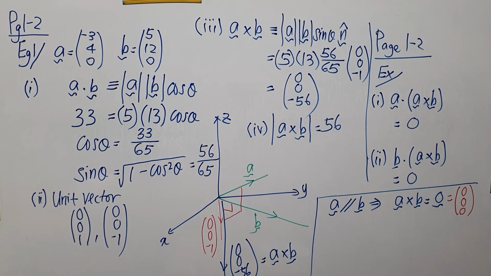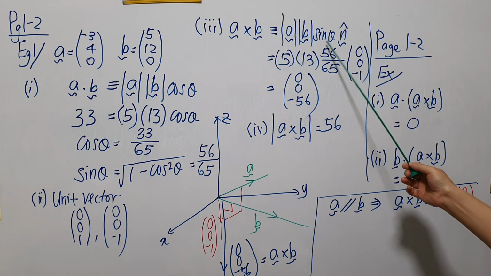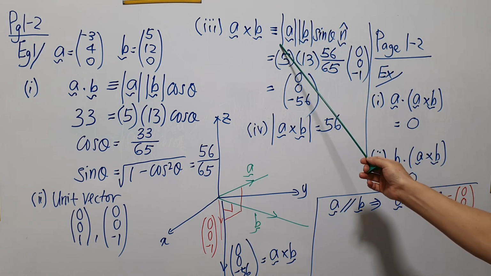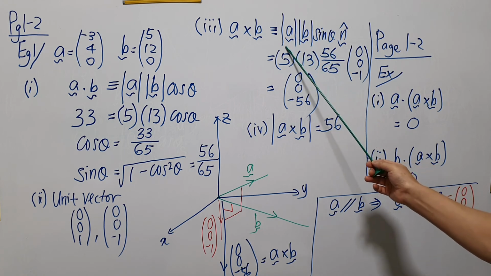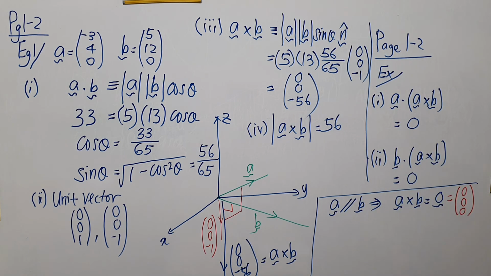And we know that sine 0 or sine 180 will be 0. And this makes this whole thing 0, and you have a 0 times a vector. A 0 times a vector will give you the so-called 0 vector. That's why when two vectors are parallel, the cross product will be a 0 vector.